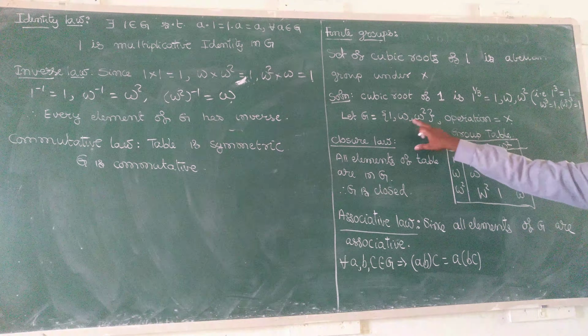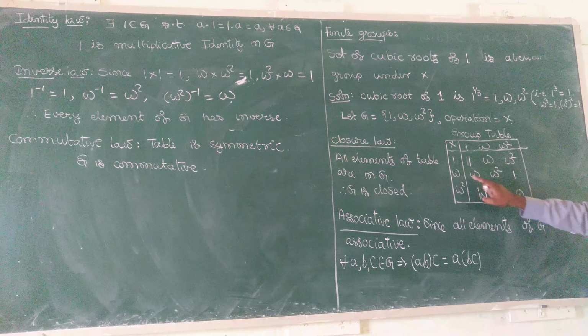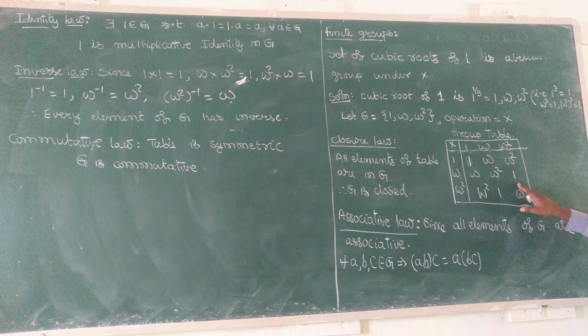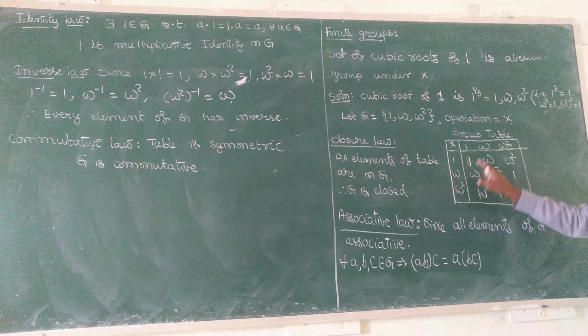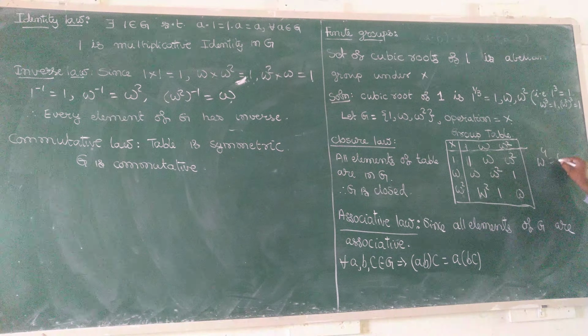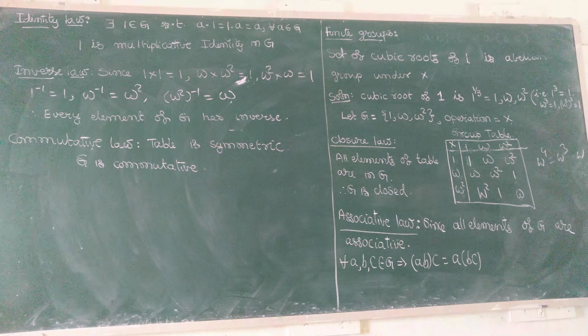First display the elements of G as the first row and first column, and then enter the values by multiplying these two, 1 into 1. Omega power 4 can be written as omega cubed.